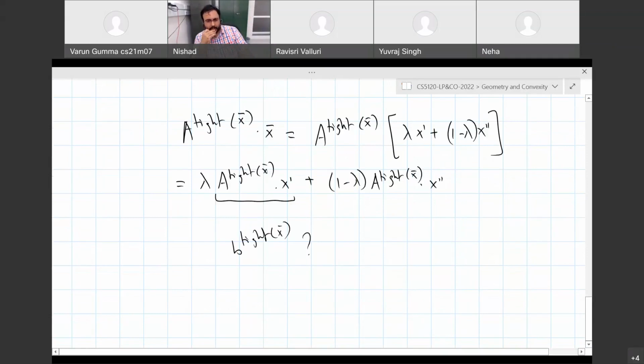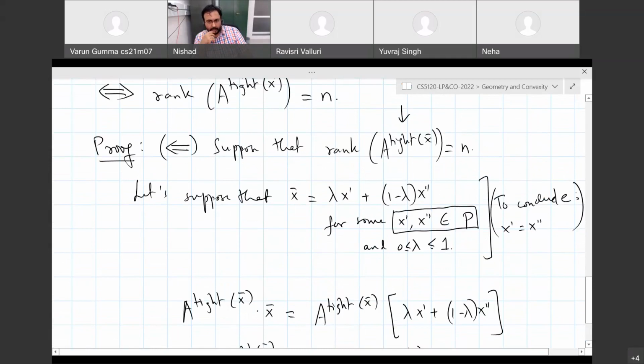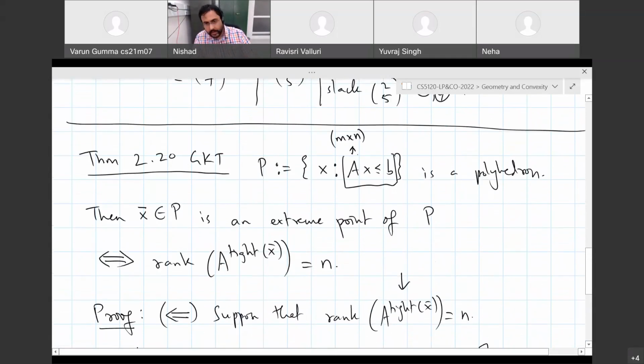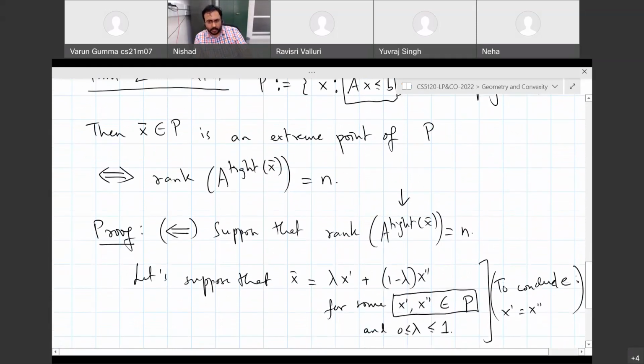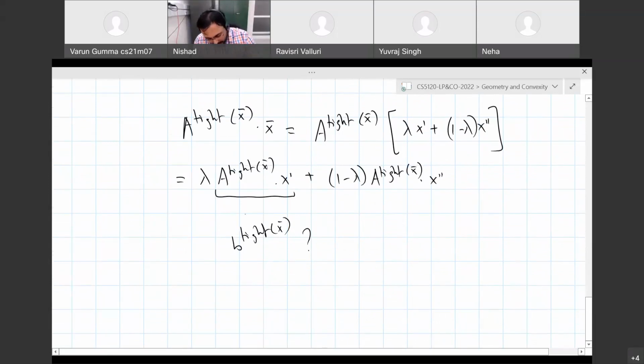Is there some relationship between them? Remember, x prime and x double prime are our feasible solutions, right? They are in the polyhedron, right? So that means that x prime and x double prime, they satisfy Ax less than or equal to b, which means for every component of the left hand side, it has to be less than or equal to the corresponding component of the right hand side. So therefore, each component here has to be less than or equal to each component here. Does everybody see that?